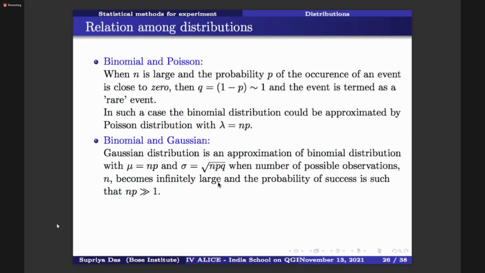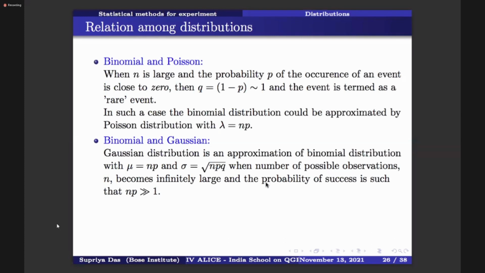Binomial and Gaussian: the Gaussian distribution is an approximation of the binomial distribution with mu equal to np and sigma equal to the square root of npq, when the number of possible observations n becomes infinitely large. Do you remember I told you to keep in mind the binomial distribution with n equal to 50 that looked like Gaussian?